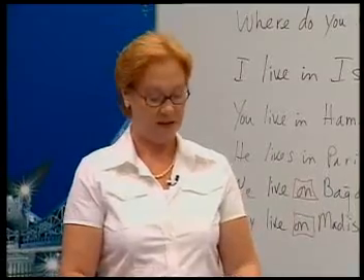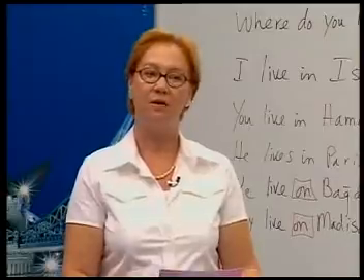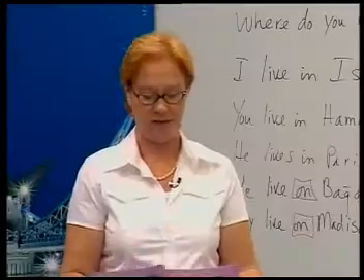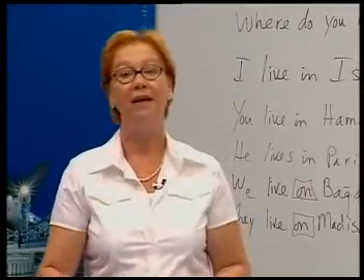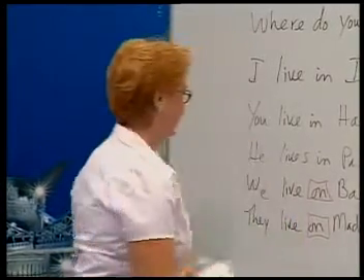I live on Bağdat Caddesi in Istanbul, Turkey. Okay. Lisa, where do you live? I live on Besserstraße in Hamburg, Germany. Isabel, where do you live? I live on Rue de Paula in Paris, France. Great. Okay. Now, let's learn some new vocabulary.